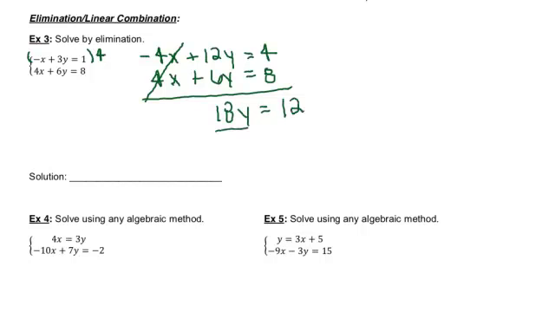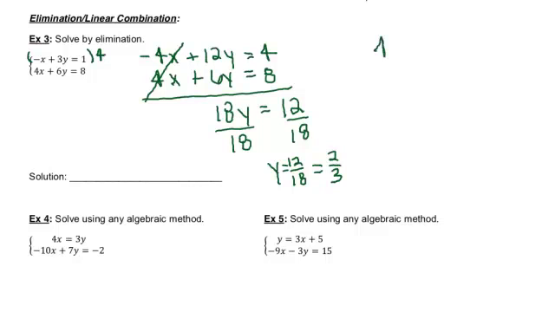We solve for y. We divide by 18. So y equals 12/18, which we know that we can divide by 6, and that will give us 2/3. Now to solve for our second variable, we need to plug into our second equation.